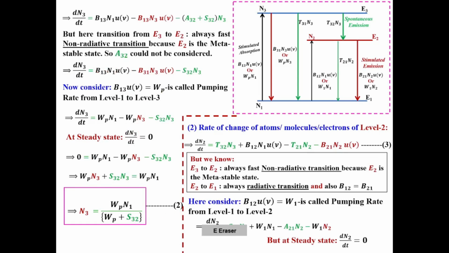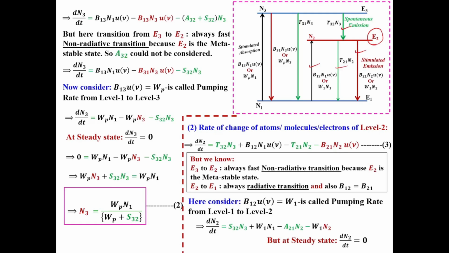Now we are going to consider the rate equation of level 2, or rate of change of atoms, molecules or electrons of level 2. What are the transitions linked with this energy level E2? Here you can see these are the transitions: this one, this one, this one, and this one.